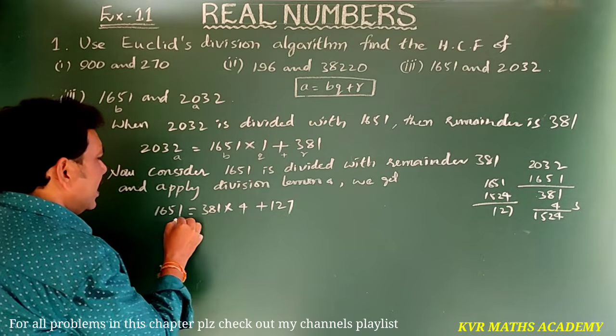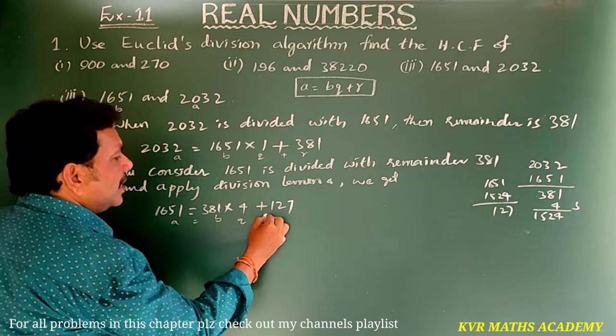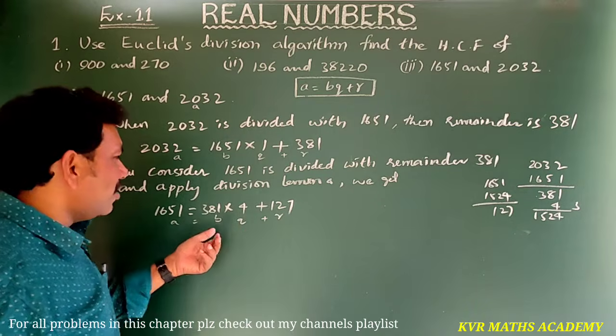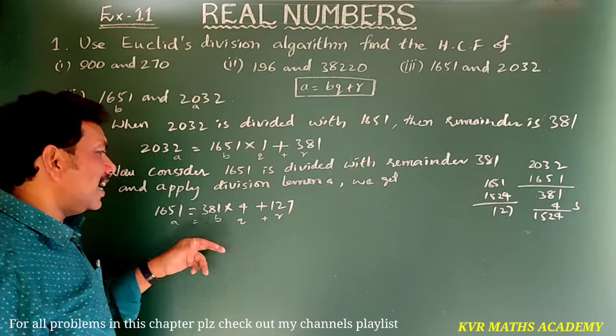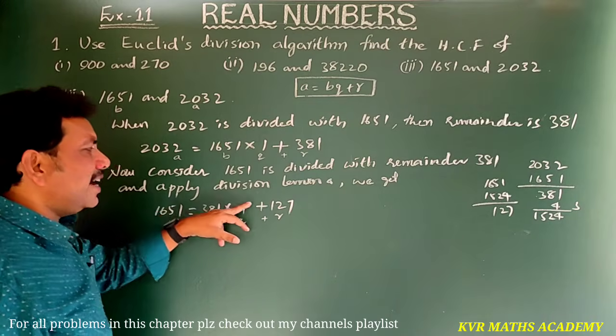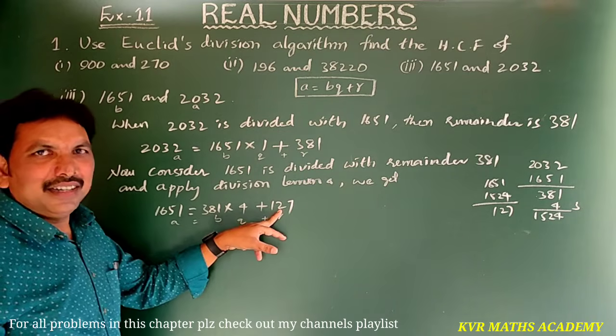Here this is again A is equal to BQ plus R. Again what we have to do here is 381 should be divided with 127. Right?